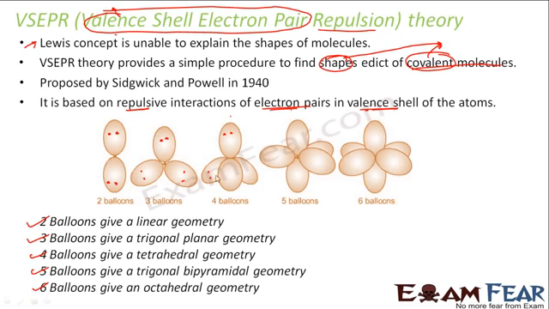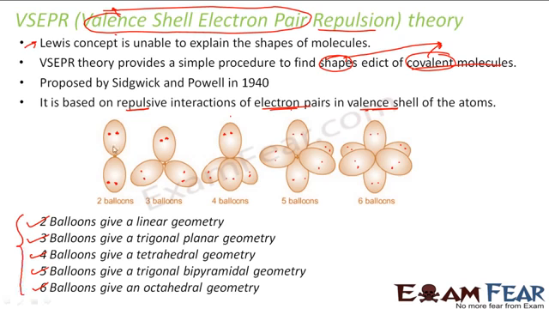For example, in this case, these will have two electrons each, and they repel each other, and thus it gets this kind of shape. If this is clear, we can explain it in more detail, but just understand that it will get either linear geometry, trigonal planar, tetrahedral, trigonal bipyramidal, or octahedral, based on the number of balloons.